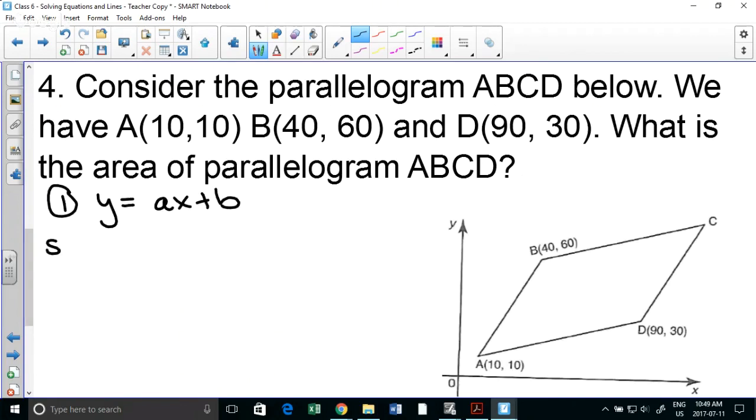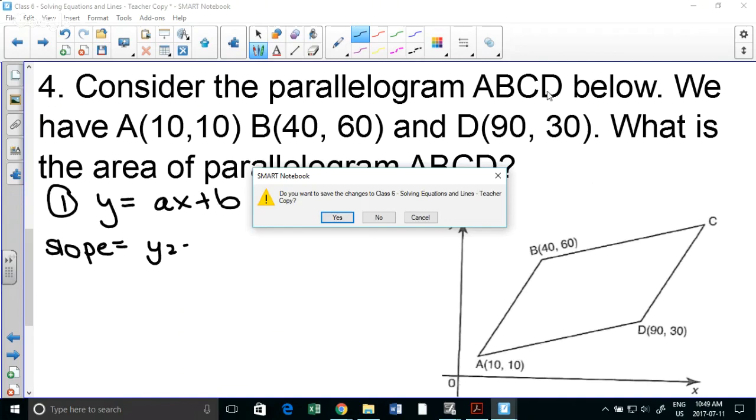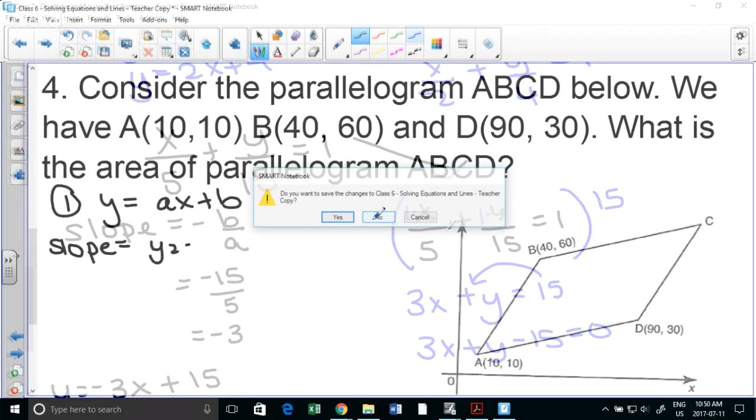So I calculate the slope. Give me a second, guys. This is really lagging.